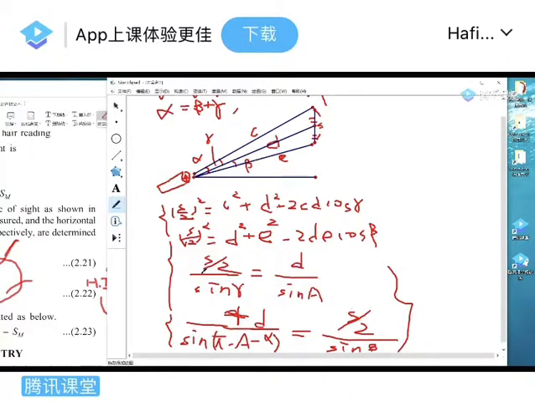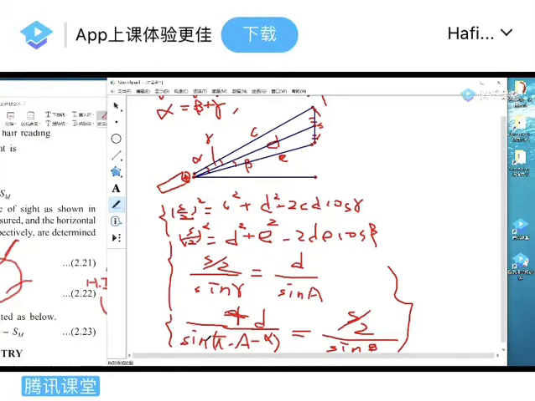I already know this one, so I can easily get rid of D because you have D over here. Or you can say D equals this raw number times sine A. So this D will be replaced by this number times sine A. So sine A will be here, sine A over here, and there is one number over here.